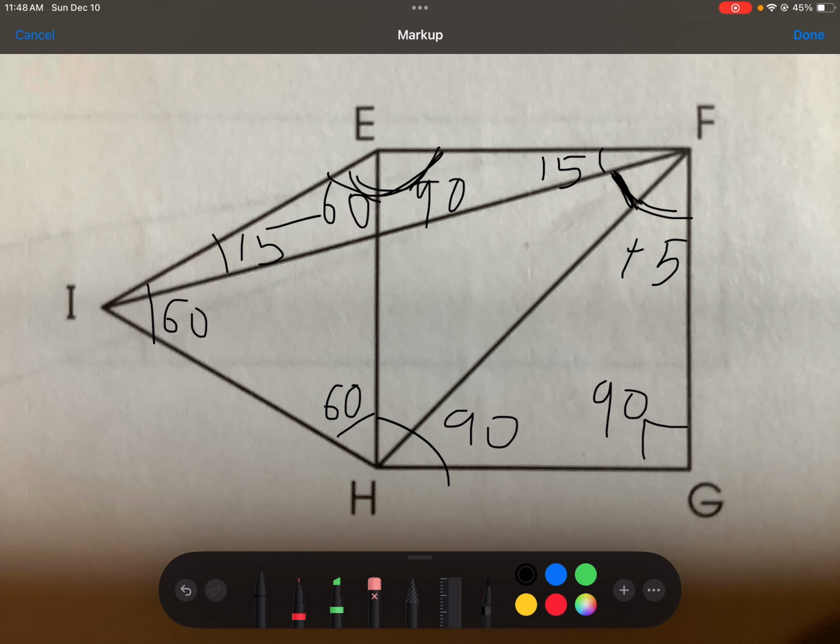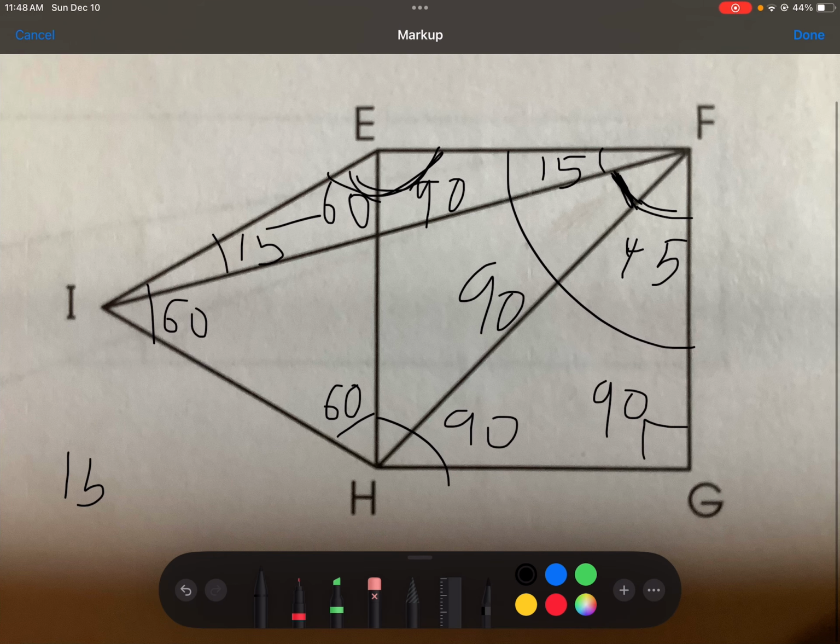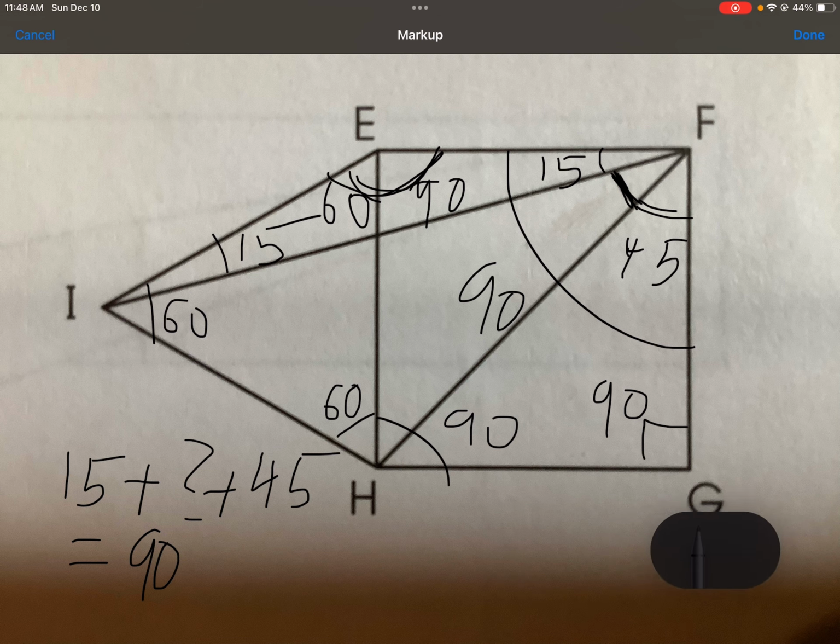So this is 45 degrees, and this whole thing right here is 90 degrees. The total right here, 90 degrees. So that means 15 plus the question mark angle that we need to find, plus 45 degrees equals 90 degrees.